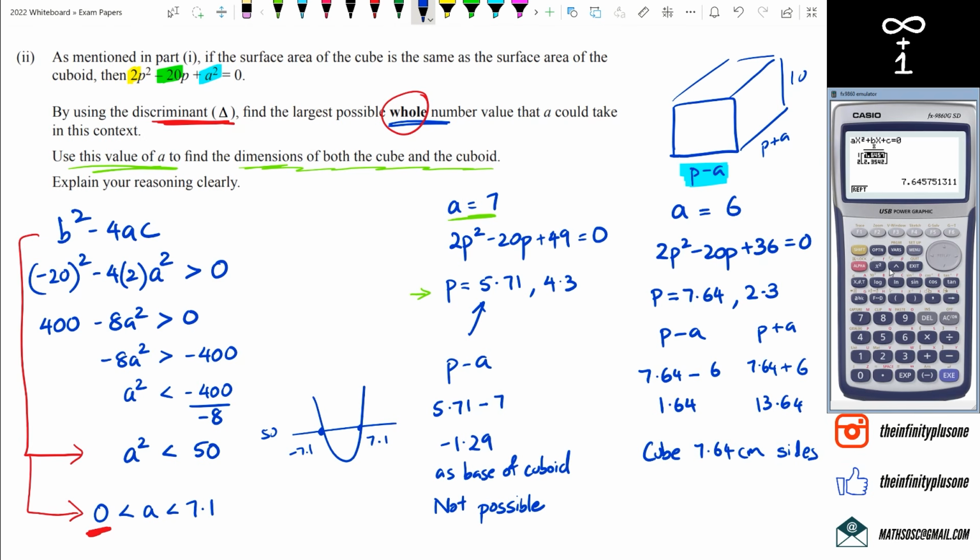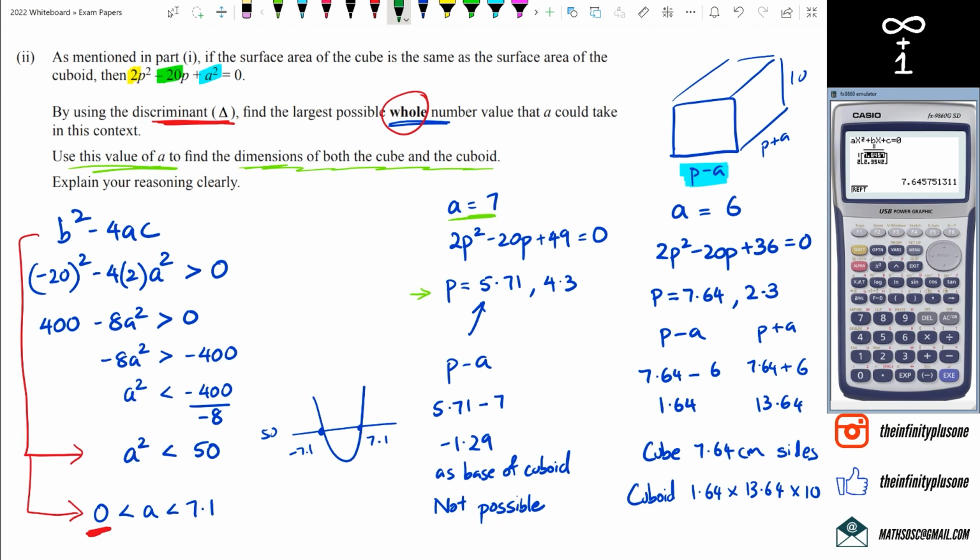But if it's a cuboid, we're going to have 1.64 multiplied by 13.64 multiplied by 10. Based on where we started from, we tried out a different a value to get a dimension that actually worked. So this is pretty much what we needed to do for this question.